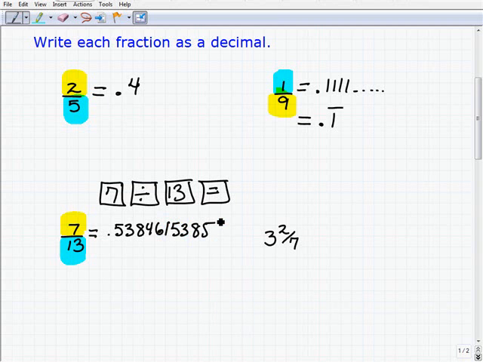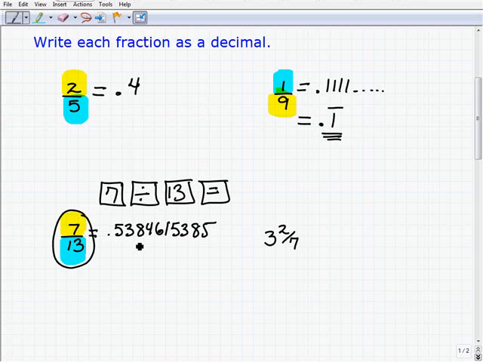But actually, any fraction, the technical definition of a fraction is what we call a rational number. And rational numbers, when you write them as a decimal, are either going to be repeating decimals or terminating decimals.